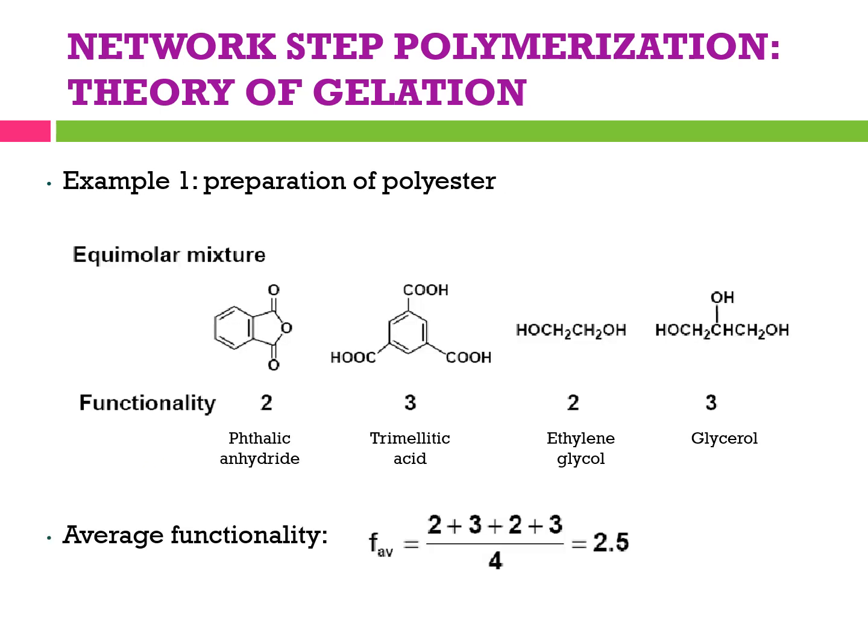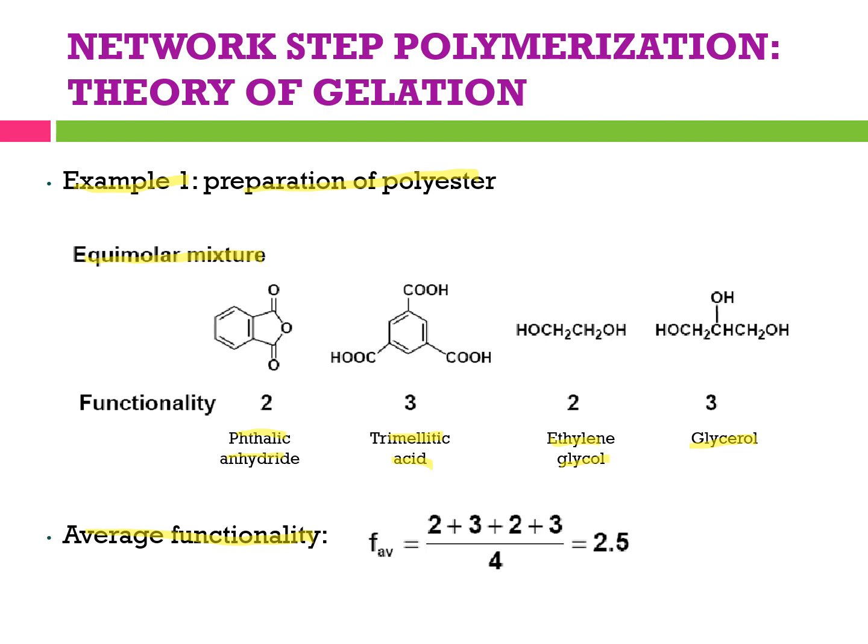Now let me show you how to find average functionality in a polymerization reaction. Let's look at example 1 in the preparation of polyester. In this example, polyester is prepared by using an equimolar mixture of phthalic anhydride, trimellitic acid, ethylene glycol and glycerol. So there are 4 different monomers used in the preparation of polyester. To find average functionality, first you must determine the functionality of each of the monomers.